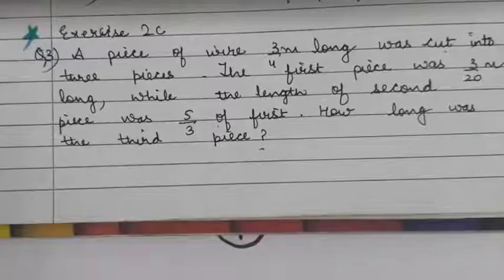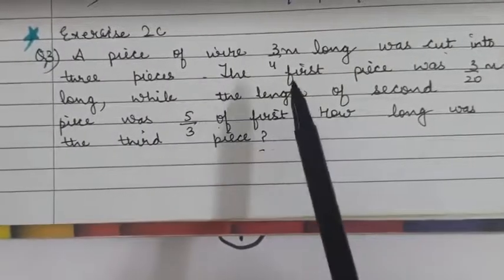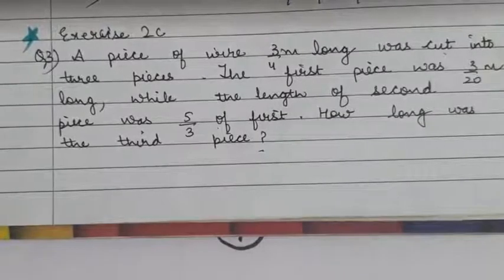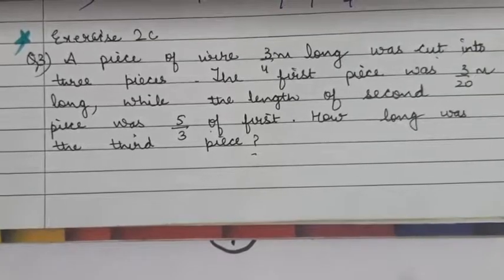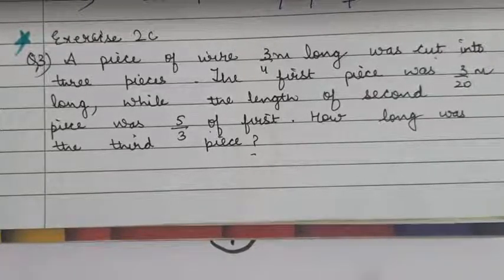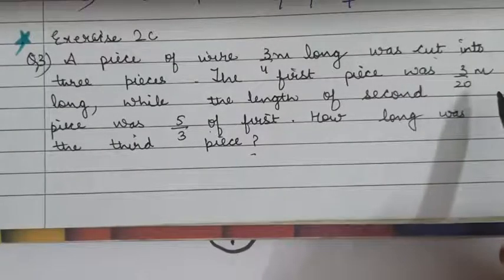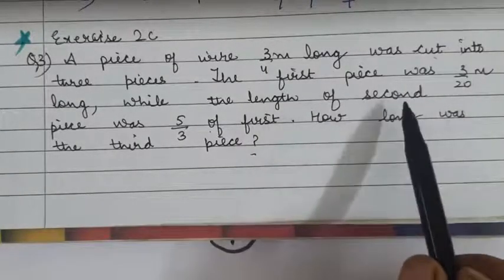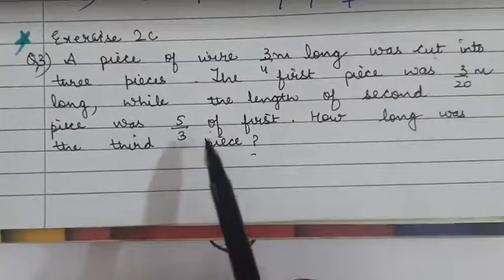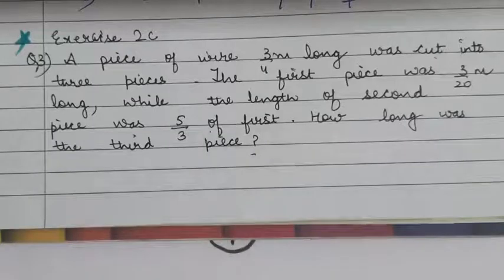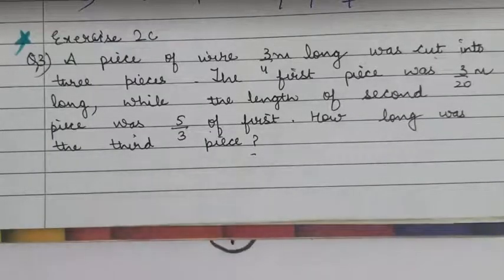Clear? The next question is: a piece of wire 3/4 meter long is cut into 3 pieces. The first piece was 3/20 meter long and the length of the second piece was 5/3 of the first piece. We have to find the length of the third piece.